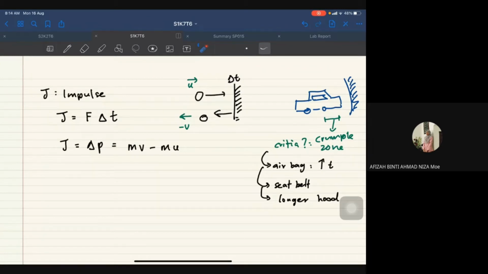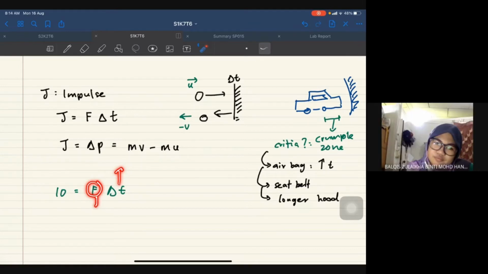So you can imagine that if this one is 10 and delta t is like this, so you get the number 10 from this equation. You get 10, so it's a constant value. And if you increase the delta t, what will happen to the F? If delta t goes up, what does F become? Goes up too? Up or down? Oh, it goes down. Okay, down, right? So let's say for an example, if you still don't see it, I put the number 2 over here.